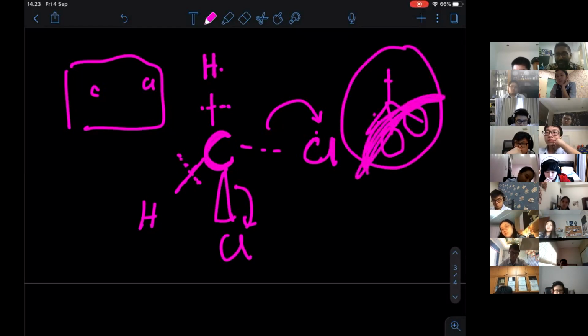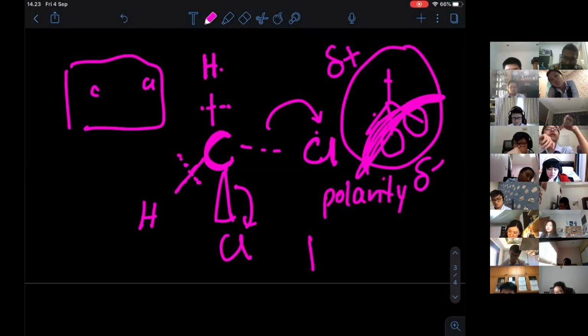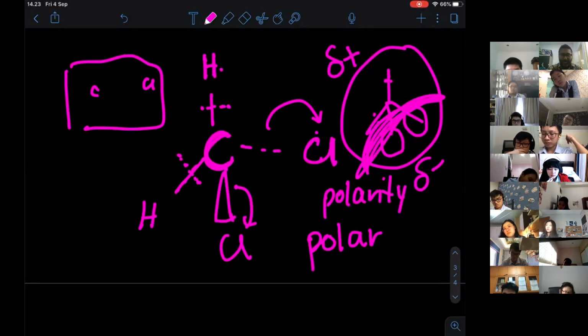This entire part will look like you have a lot of electrons. It means you are going to have a delta negative here and a delta positive over there. So there is polarity. So we call this polar. Is that clear, guys? Now I'll give you one more example.